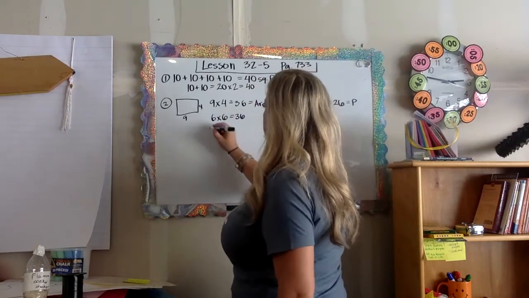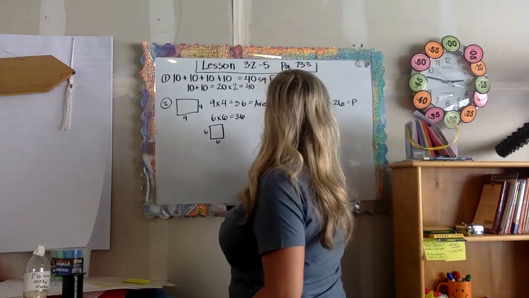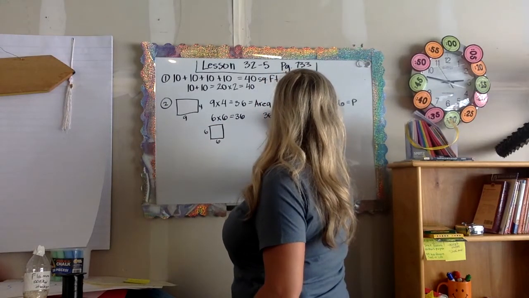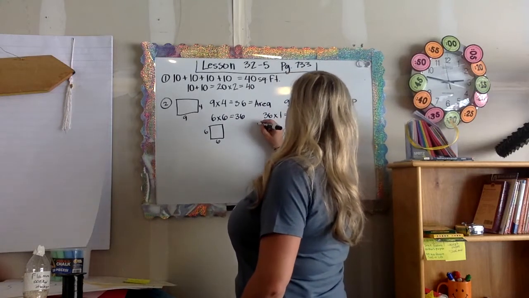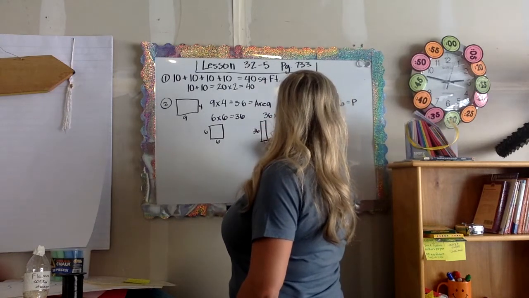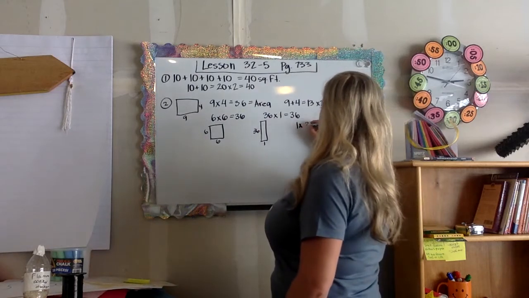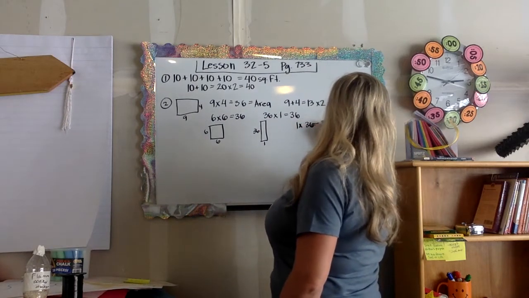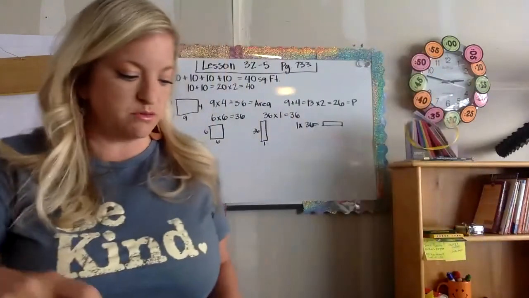So her garden could be 6 by 6. I also know I could have 36 by 1, and that'll get me to 36. So that looks like a really long and skinny garden. That could also be the opposite. It could be 1 by 36. So it could look like this. Let me move out of the way for you.